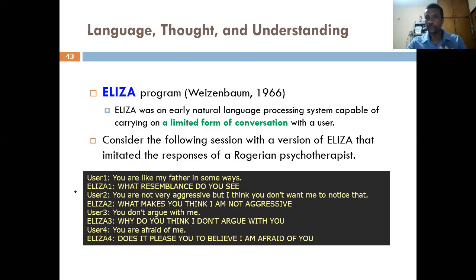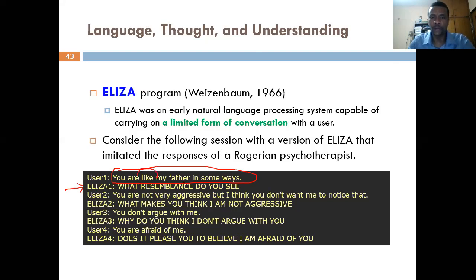Then the machine, this intelligent machine, says, what resemblance do you see? Mind you, this is a technical thing. To give such a response, the machine needs to analyze the input provided by the user. The input is, you are like my father in some ways. From this text, it picks some of the words that lead to the next question.